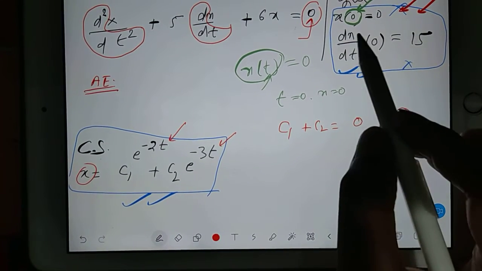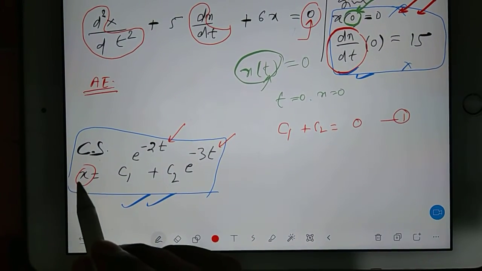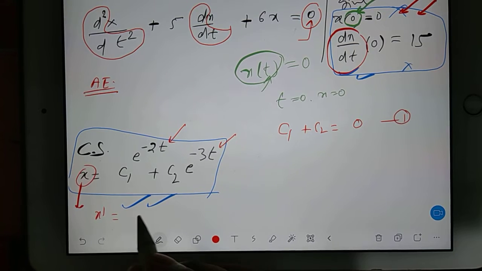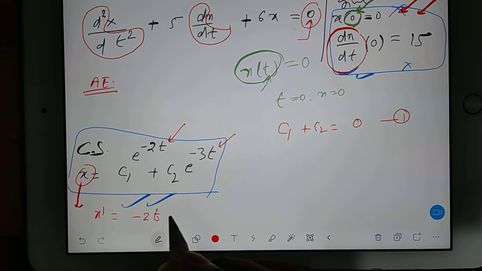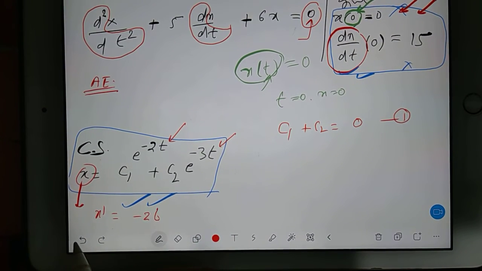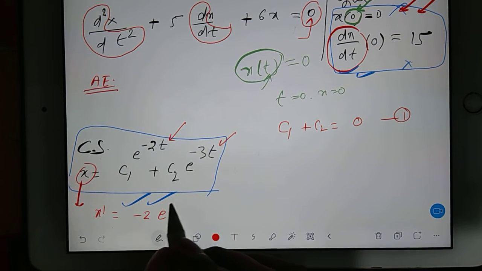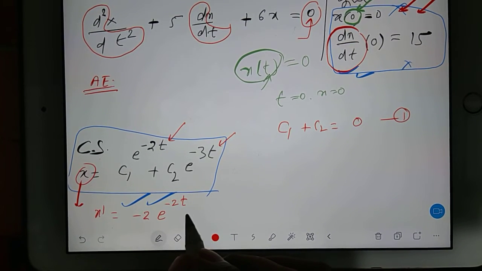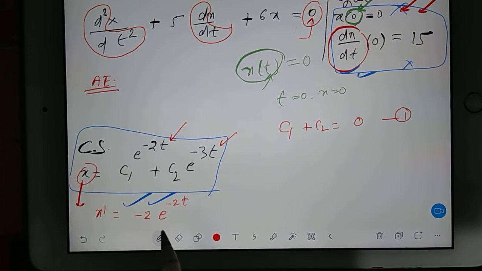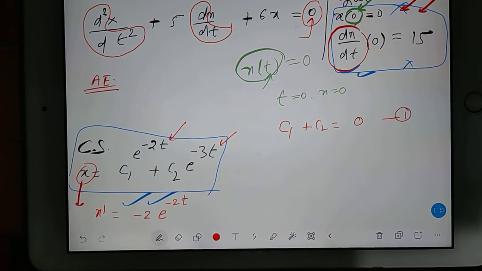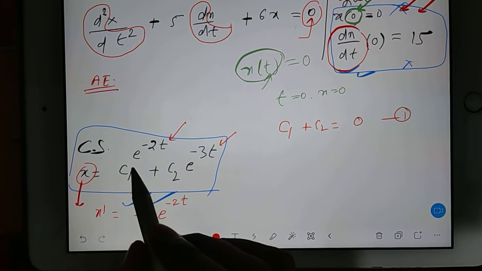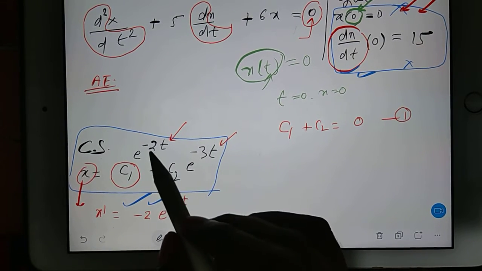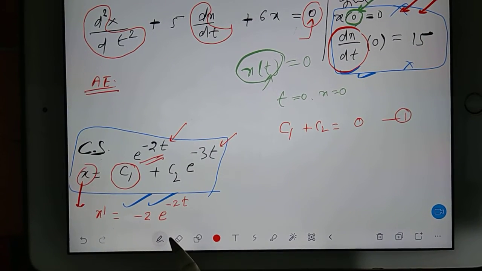Now the next equation is for the derivative. So you differentiate this equation one time. So your x dash will be minus 2 e power minus 2t. Oh, we have to differentiate here. So when you are differentiating, it is a constant number power this guy.